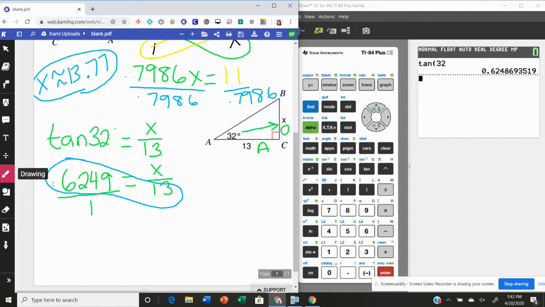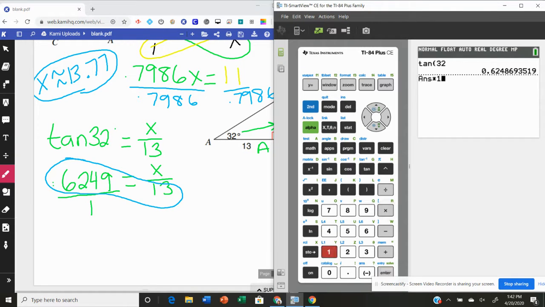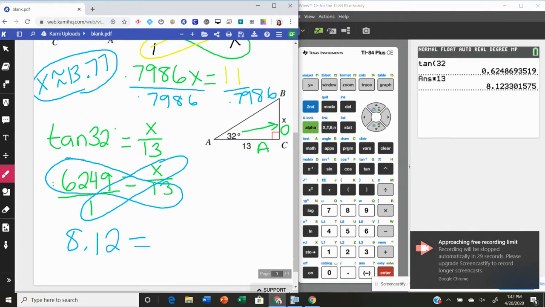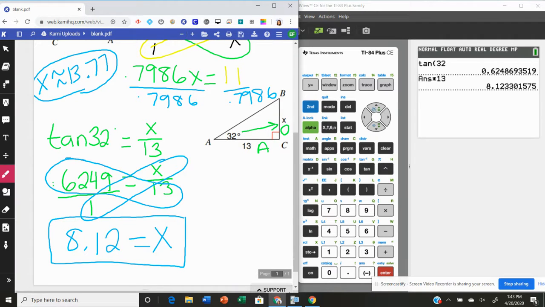So I'm going to take my answer from my calculator and multiply it by 13. When I do that, I get 8.12. Equals, well, if I cross multiply here, this is just x. And there's my answer. One less step in this problem. We know that our x here, our side BC, has a length of 8.12 units.